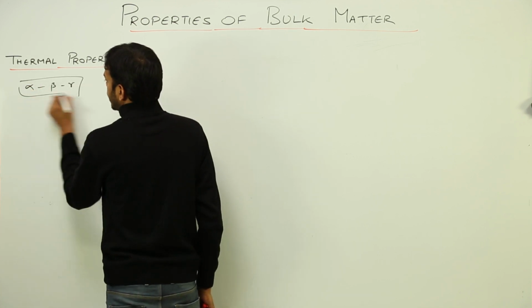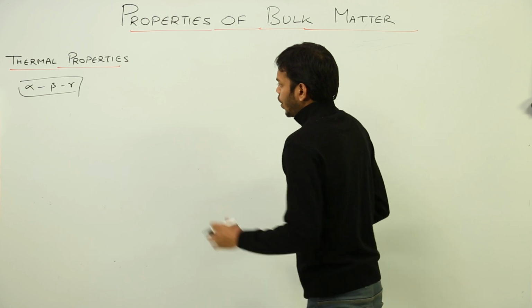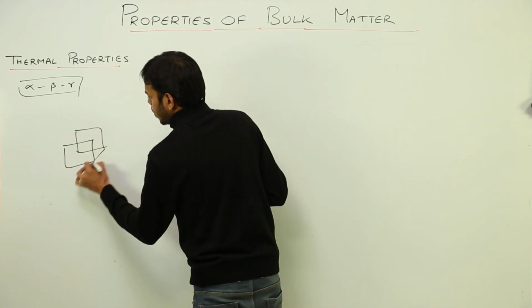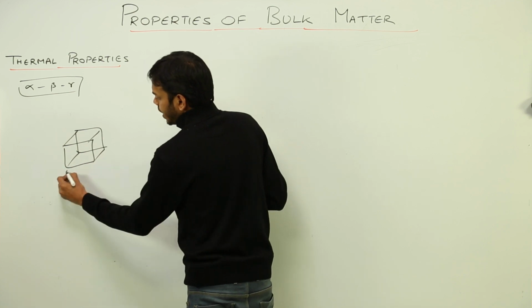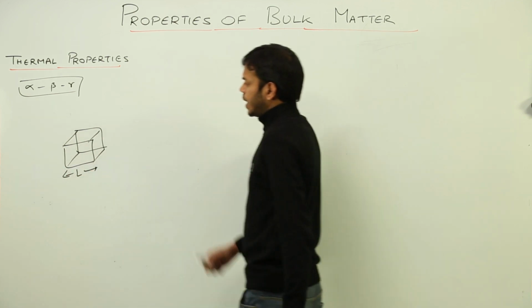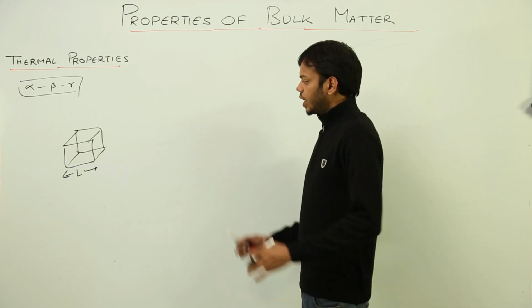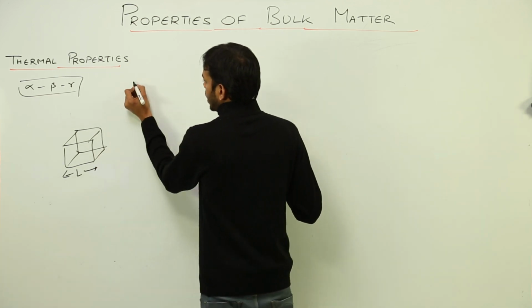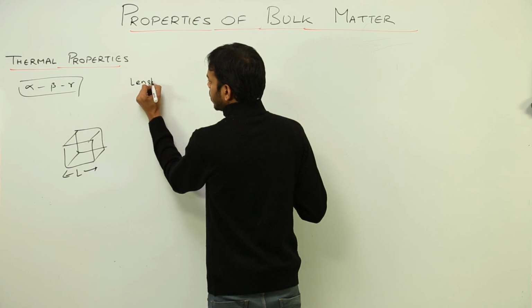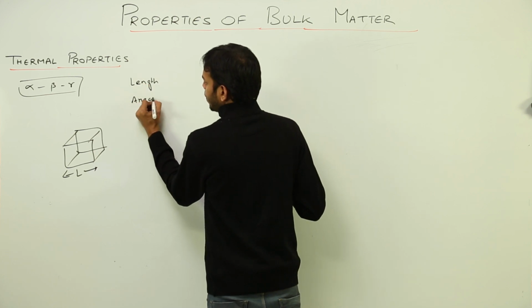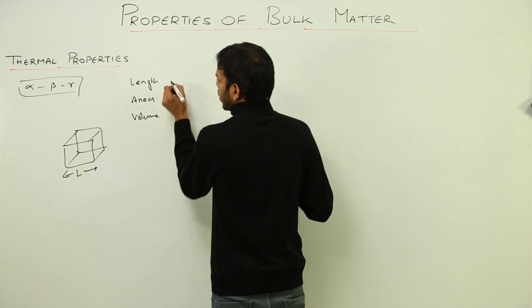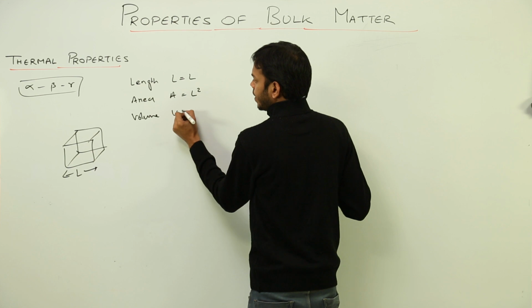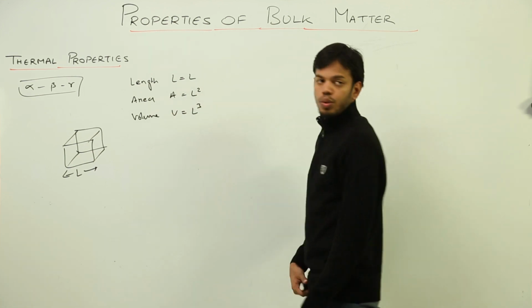What we have considered is a cube of length L. The area of any face would be L square. Initial length, area and volume would be L, L square, L cube. This is true.